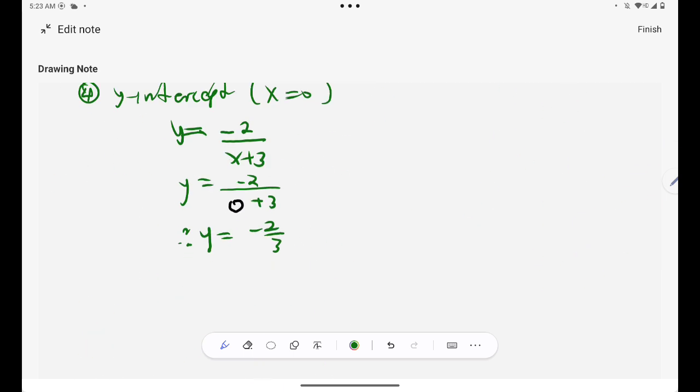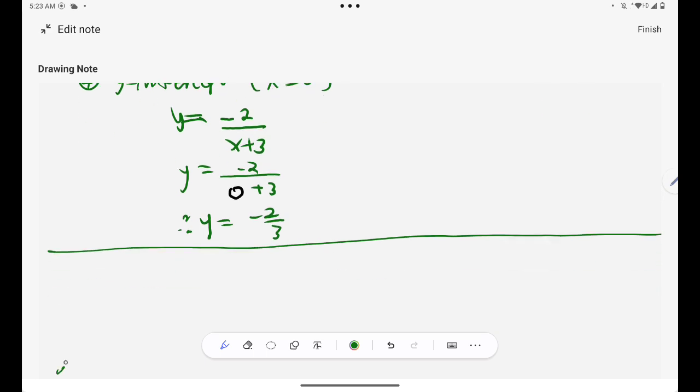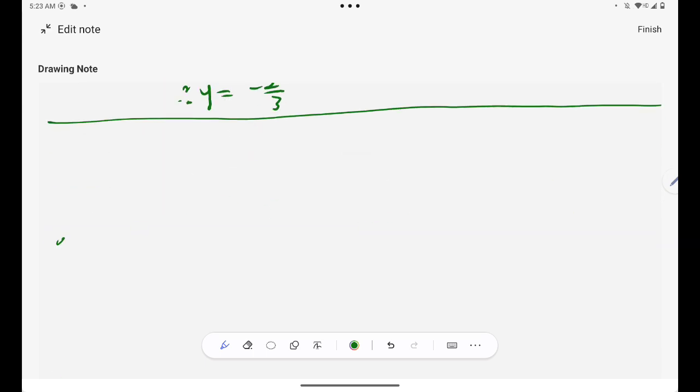Now let's deal with a horizontal asymptote, and then we'll later combine it. y is equal to a over x plus q. Are you together? This thing is simple.